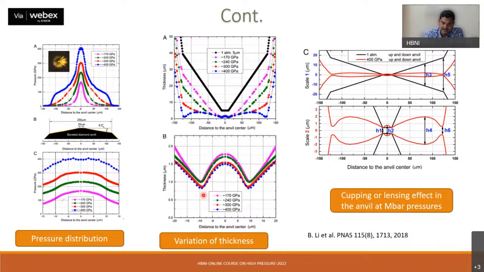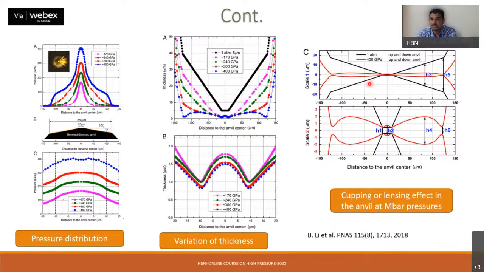So you can see that starting from 170 to 400 GPa, your gasket thickness comes down: at ambient it was 5 micron, and at 400 GPa, it comes down to almost 1.5 micron. And you see the pinching here, pinching at the edges. So at around minus 10 and 10, there is a pinching again in the gasket.